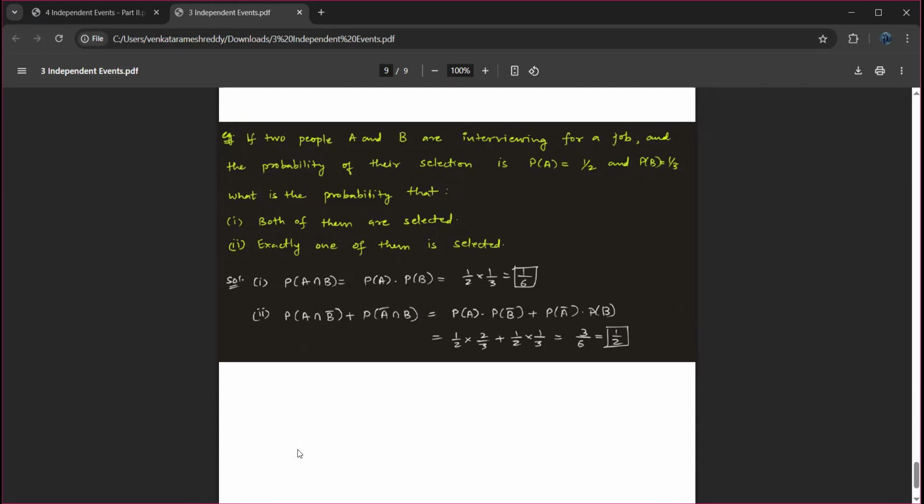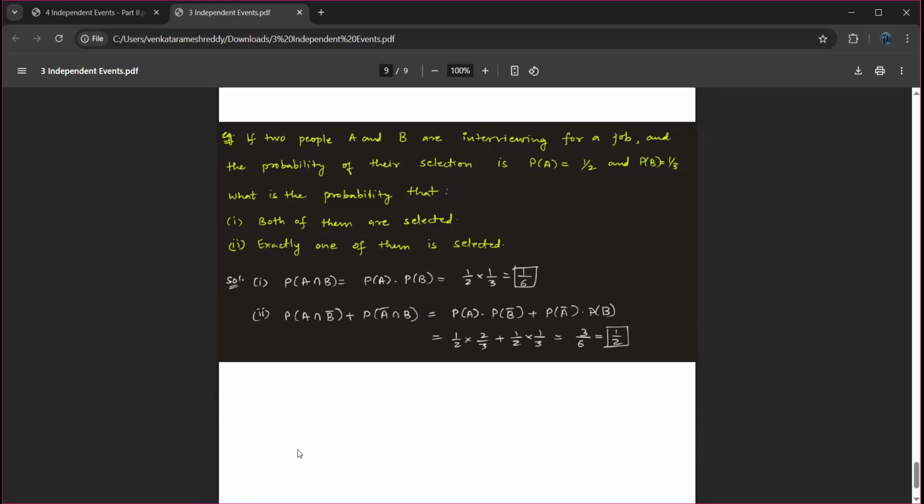These two events are independent of each other because they are interviewing separately. He may be selected or may not be selected. The other person may be selected or not selected.